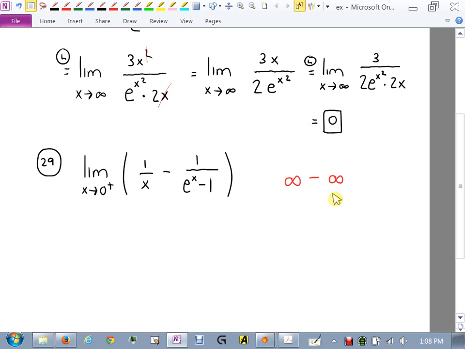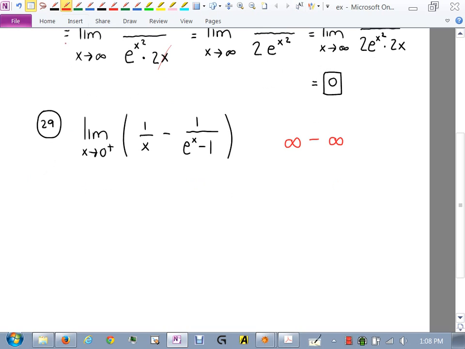And so what can we try here? Try and turn it into a product or a quotient, whatever. I see two denominators, so my instinct is to want to put these together as one fraction. Let's just see what would happen. I would have to get a common denominator. This might not work, but I'm just going to try it.